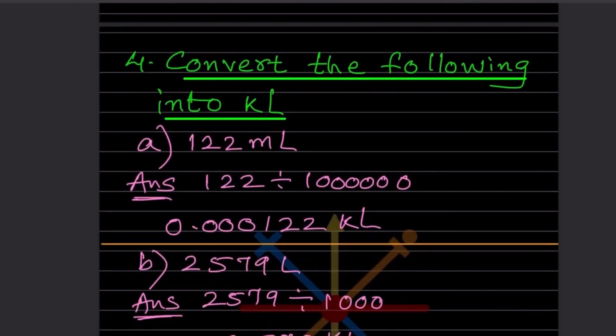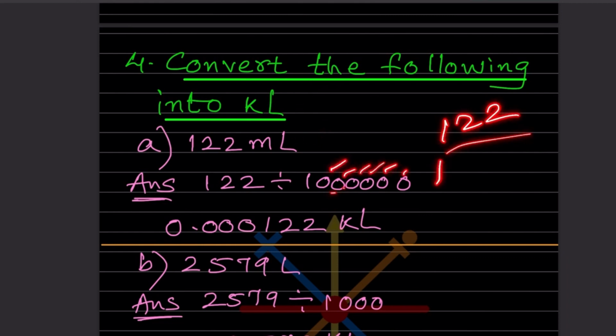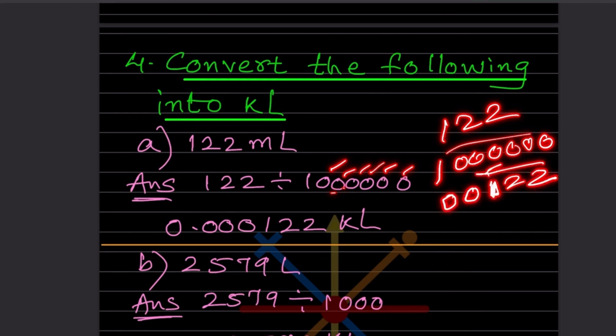Here, same. You have to convert it to kiloliter, and this is milliliter. So 122 divided by this, how many zeros will there be? 1, 2, 3, 4, 5, 6. There are only 3 numbers. So what are you going to do? You will put 3 more zeros to make it 6 and then put a point.